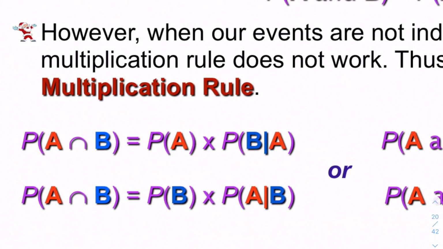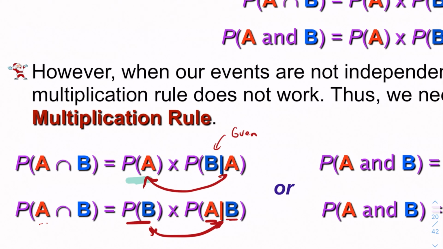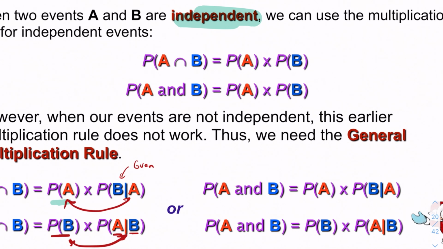So we say the probability of A and B happening is the probability of A happening times the probability of B given A happening. Or we could say the probability of A and B is the probability of B times the probability of A given B. Notice these two letters match and they are opposites of each other, which is what we want.